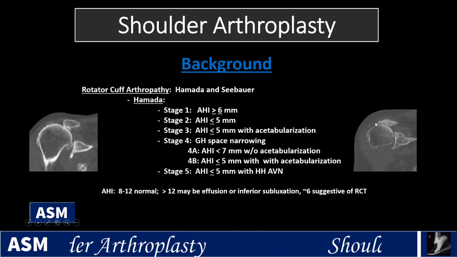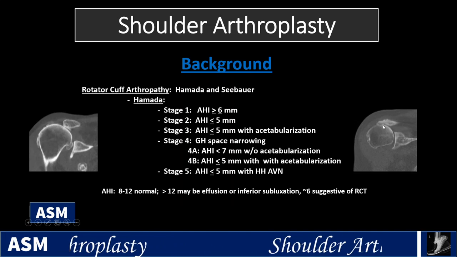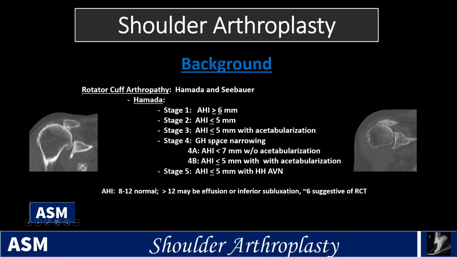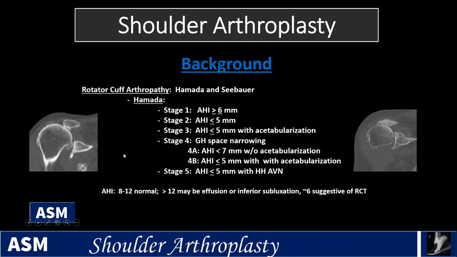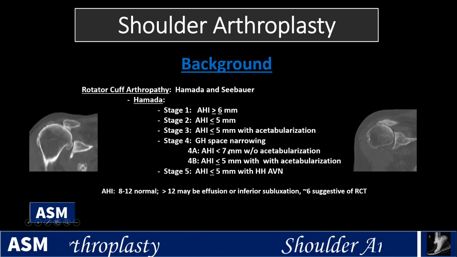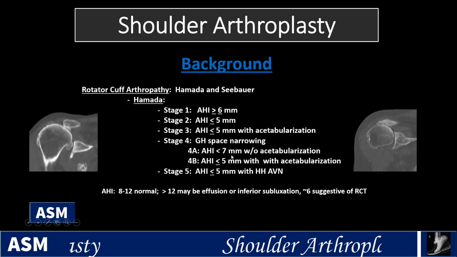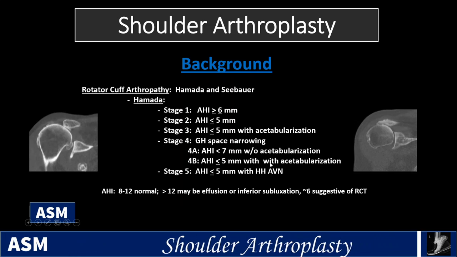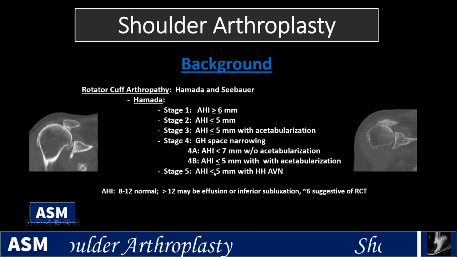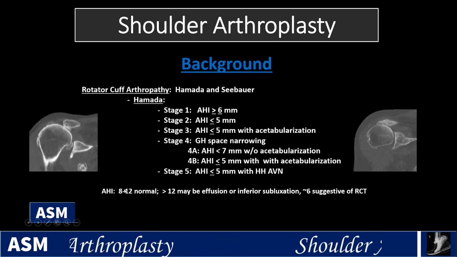So you can see acetabularization here, remodeling of the undersurface of the acromion. Sometimes even with the clavicle you can see it. Stage 4 is with associated glenohumeral joint space narrowing, subdivided into A and B: 4A if it's less than 7 without acetabularization, 4B if 5 or less with acetabularization. And if you have AVN with less than 5, you're going to be stage 5.